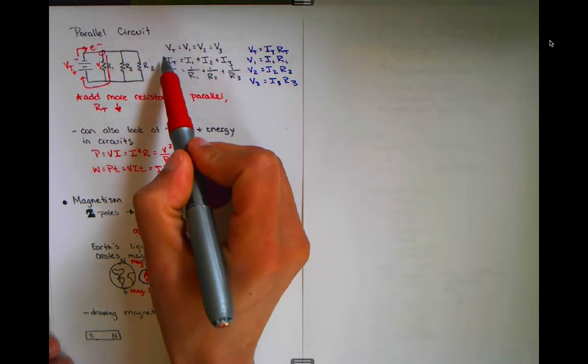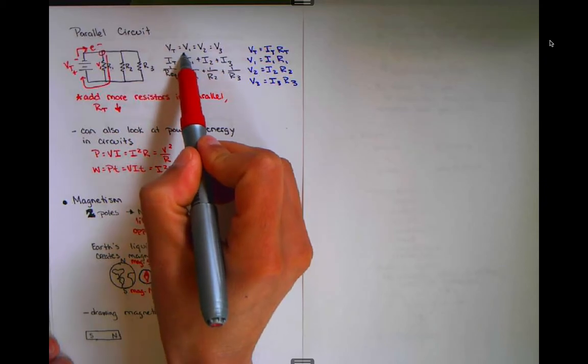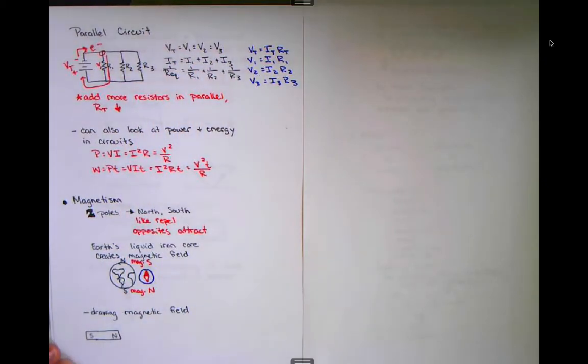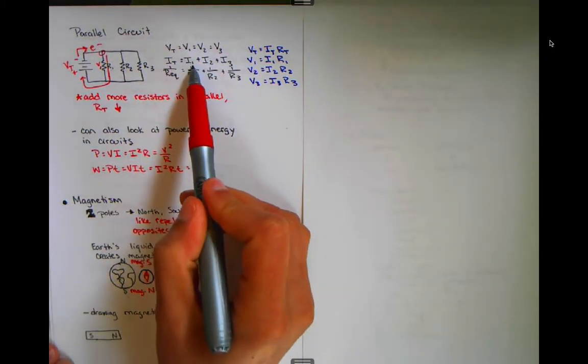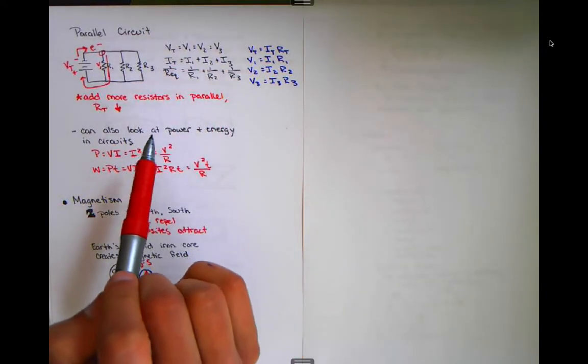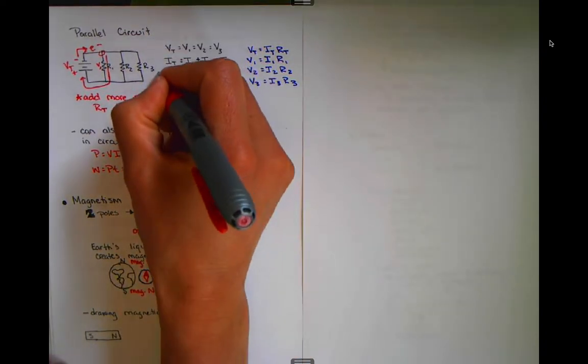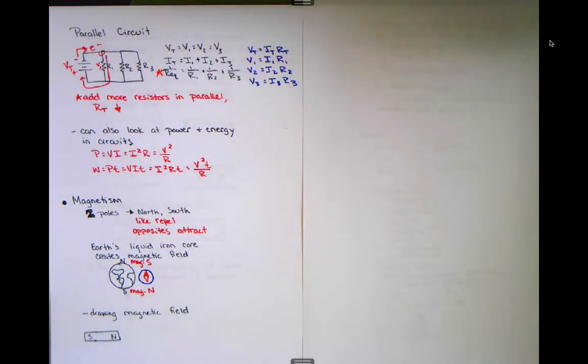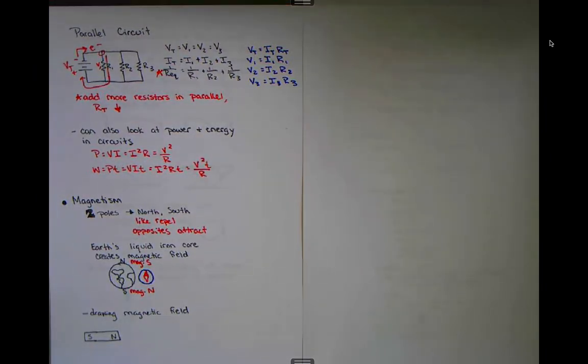So for parallel circuits, V total equals V1 equals V2 equals V3. The total current is the sum of the current through each branch. And then this is the weird one: 1 over total resistance equals 1 over R1 plus 1 over R2 plus 1 over R3. So as you add more resistors in parallel, the total resistance actually decreases.